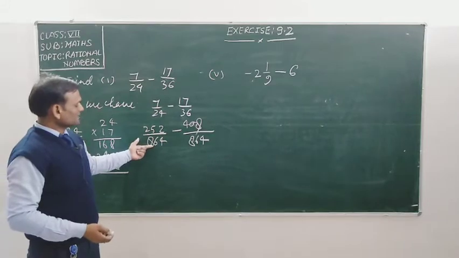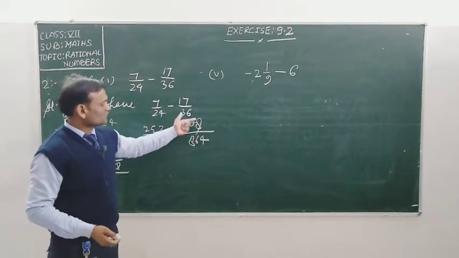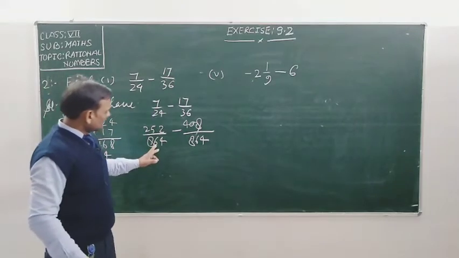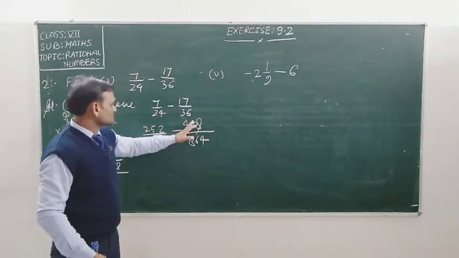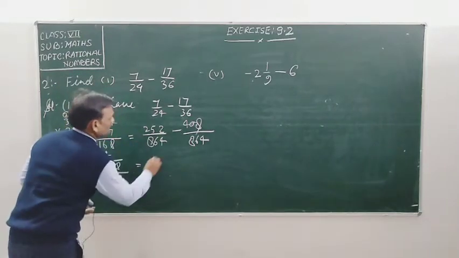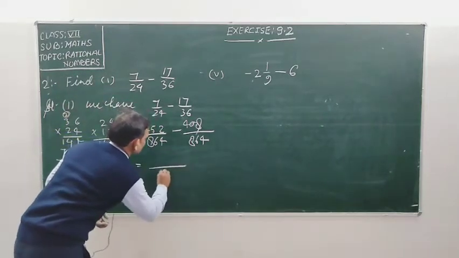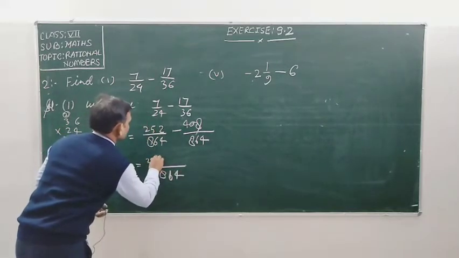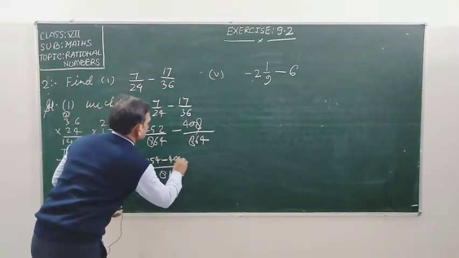252 upon 864 minus 408 upon 864. You are seeing, student, that the denominators are the same. So we subtract numerator from numerator and write one denominator, 864, and 254 minus 408.